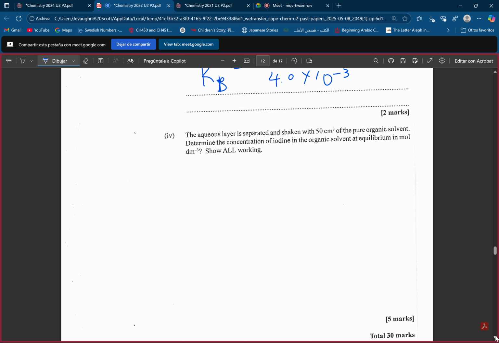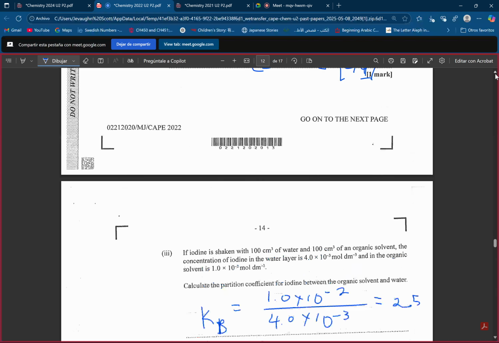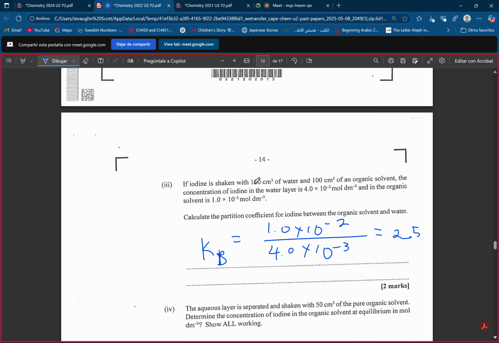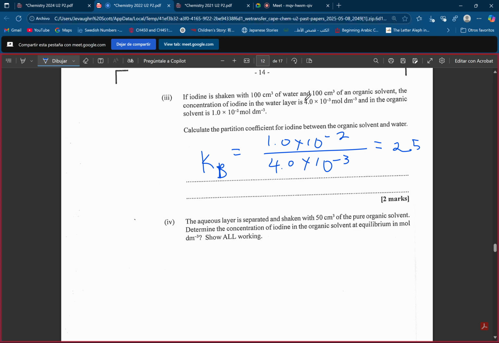The initial moles of iodine in water: we have the iodine solution and we pour it into, let's look at it. Iodine is shaken with 100 cm³ of water and 100 cm³ of organic solvent, and we end up with 4 times 10 to the negative 3 moles per dm³ in the water layer, and 1 times 10 to the negative 2 in the organic layer.